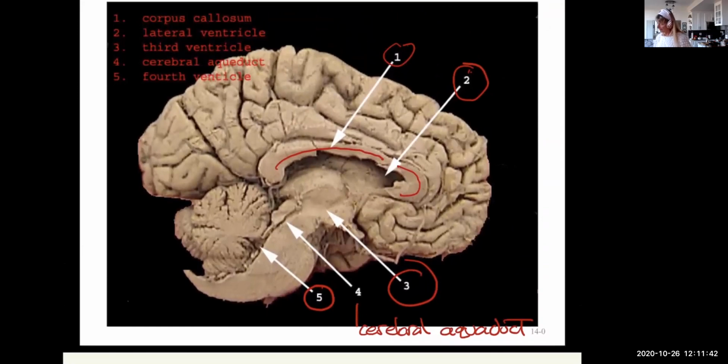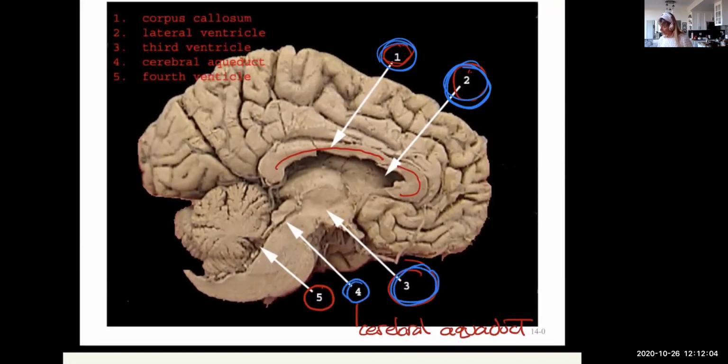So number 1 is the corpus callosum. Number 2, those are lateral ventricles. I have a better slide coming up as well. But number 3 is the third ventricle.